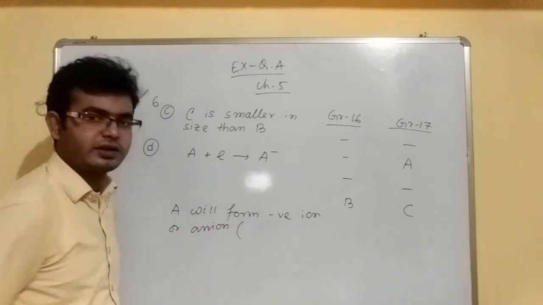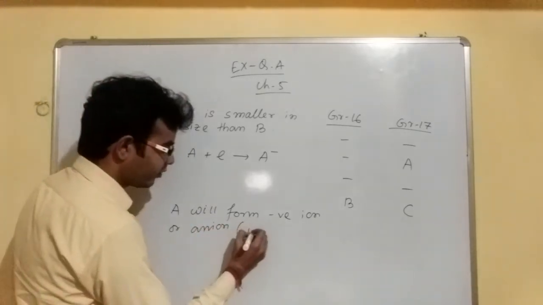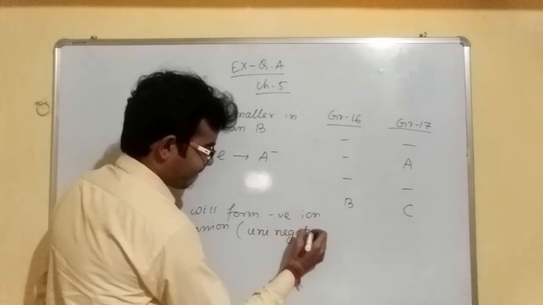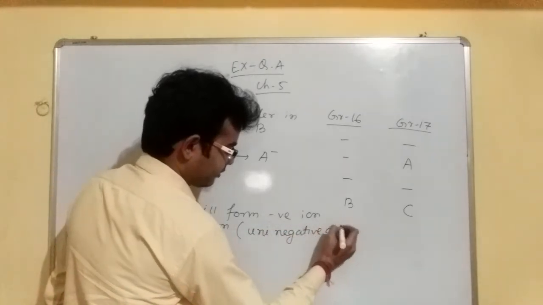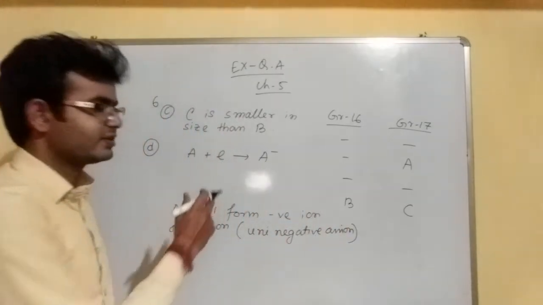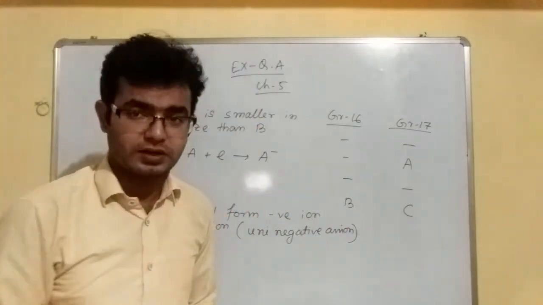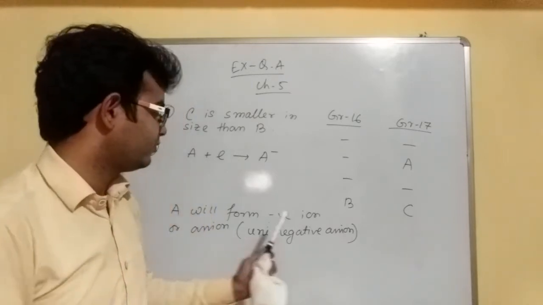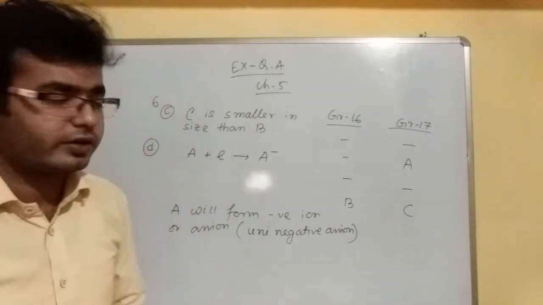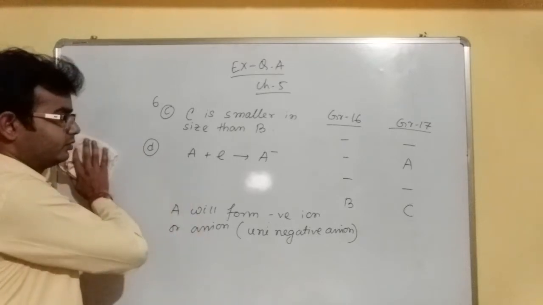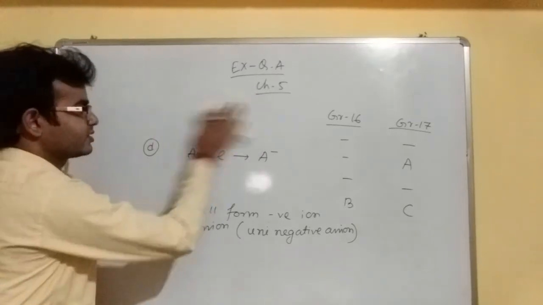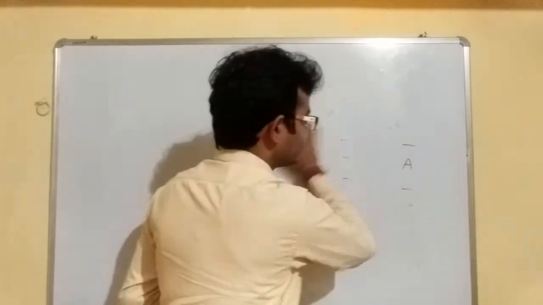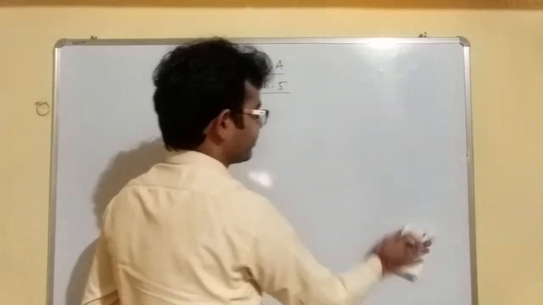More specifically, it will form a uni-negative anion. As its valence is 1, it will form minus 1. That's why you can say uni. Uni means 1. Uni-negative anion, or uni-negative ion. So this is the answer to question number 6. Let me proceed to question number 7.